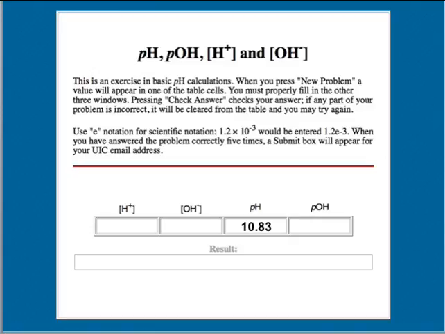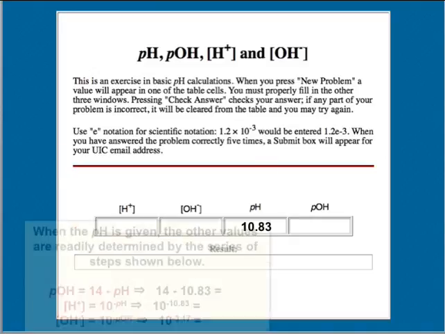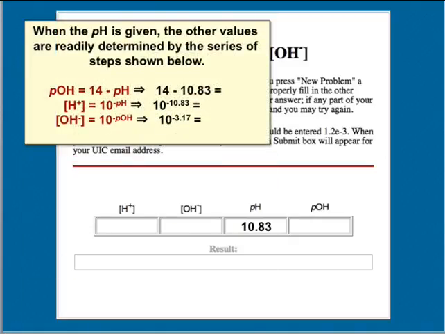However your calculator does that, 10 to the minus pH. Now 1.48 times 10 to the negative 11.